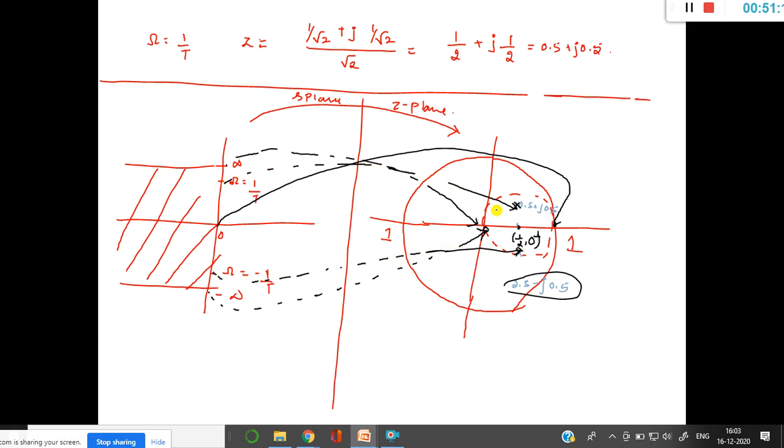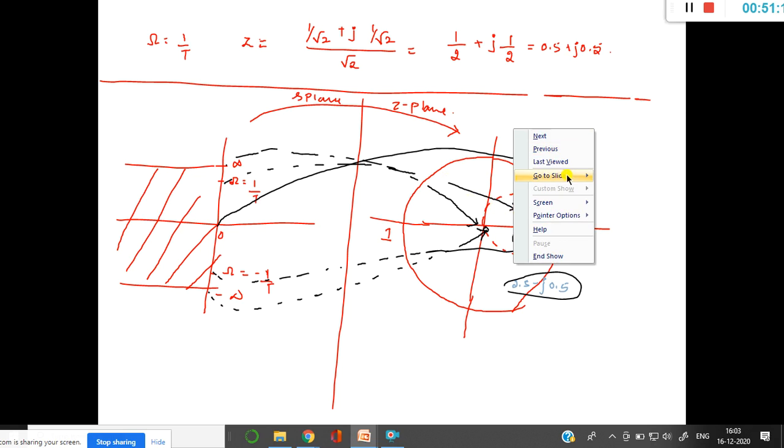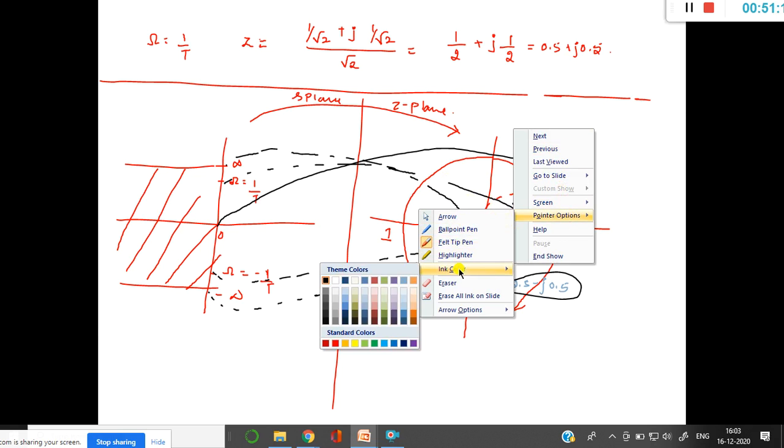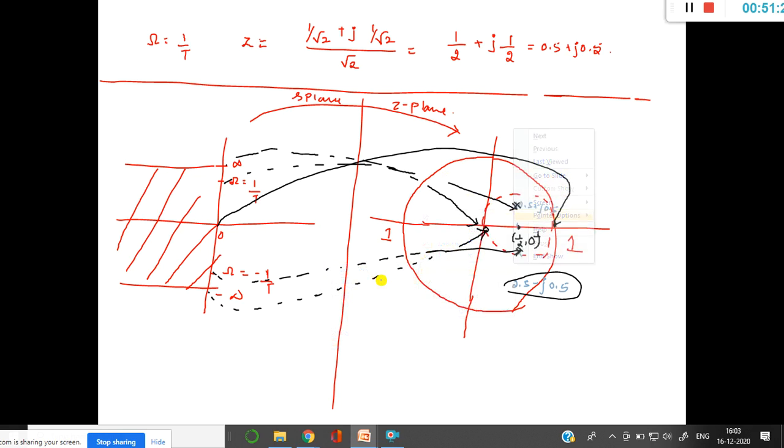Okay, this is how we try to map the entire frequencies of S plane onto the Z plane, and now this is my frequency range. All the frequencies will go into line, ranging from omega equal to 1 by t here, and omega equal to minus 1 by t here, and this point is omega equal to 0.